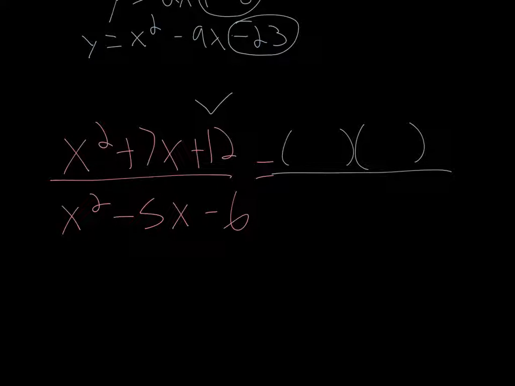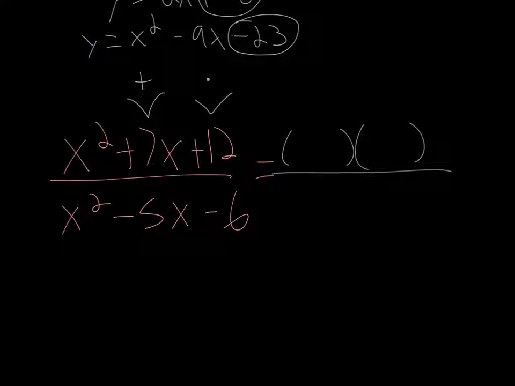And this last term, this constant, we want to split up into two different factors. So we have to ask ourselves, what two numbers multiply to give us 12 and add to give us 7? And once again, the name product sum comes from product, meaning the answer to a multiplication, and sum meaning the answer to an addition problem.